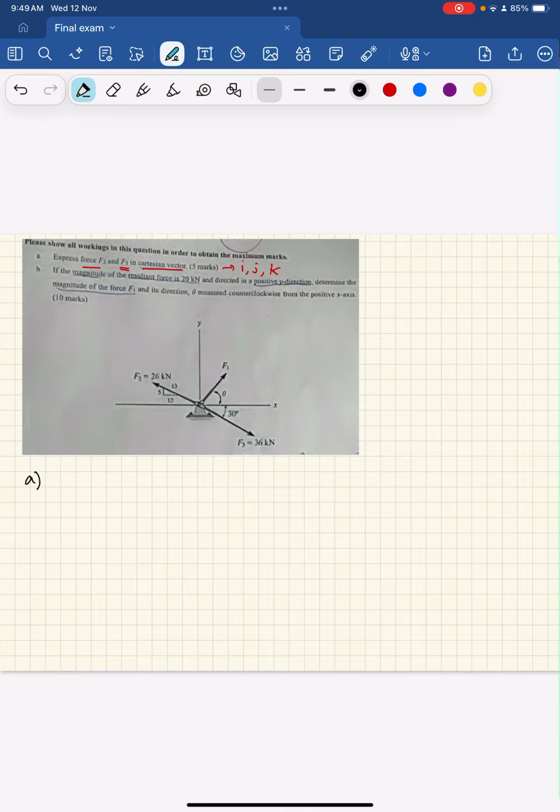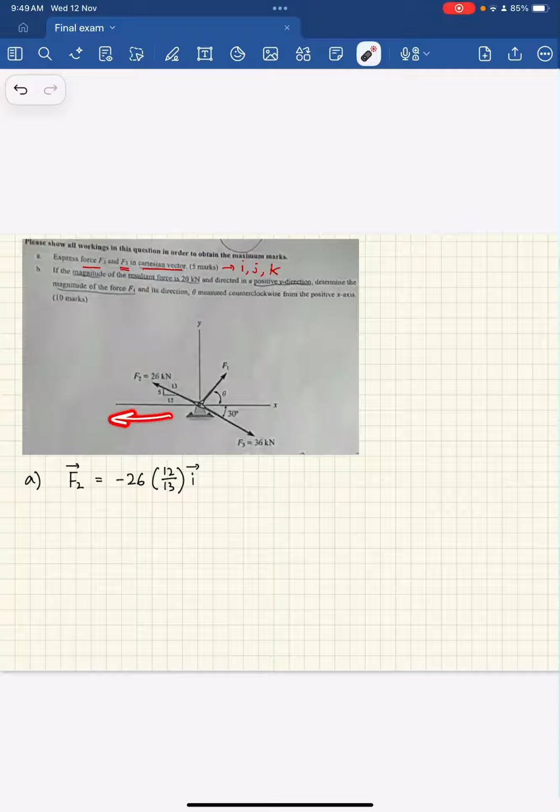To express in terms of ijk vector, it's pretty straightforward. We start with F2 first. Don't forget to put the arrow. So F2 in terms of I is 26 times 12 over 13 I. Make sure it's negative, because you can see it's going in the negative direction of x.